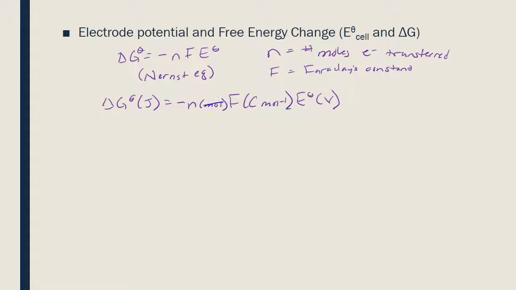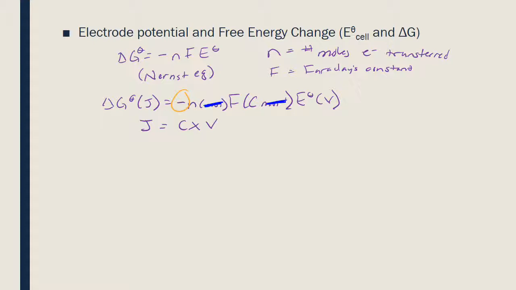So you know moles can cancel out. Then if you look at what's left over, you get joules equals coulombs times volts. Now, if you notice, there's a negative sign. And that negative sign allows us to understand that E theta and delta G have an opposite sign.